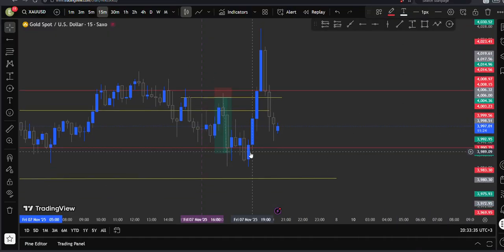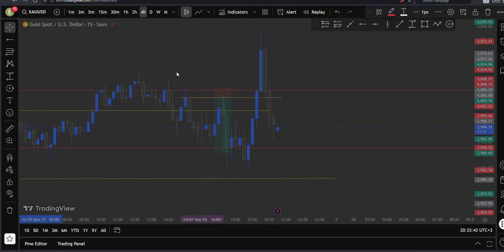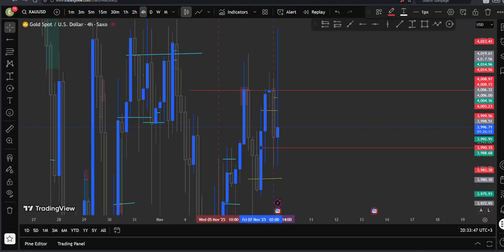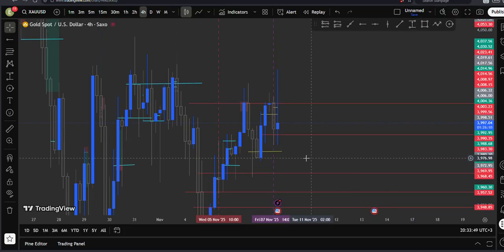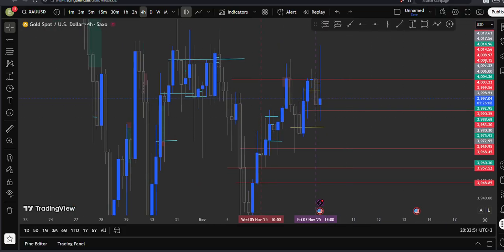Hardly had I moved out of the market when it had to go up. Remember, the overall trend was bullish. Here we're just trading a recorrection, and on Friday the market is always volatile.